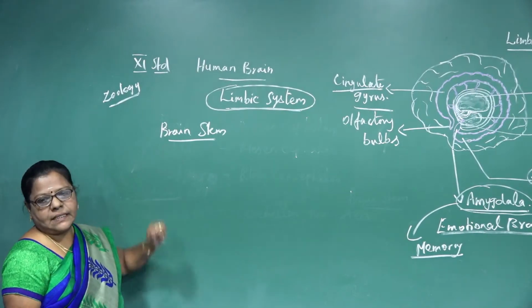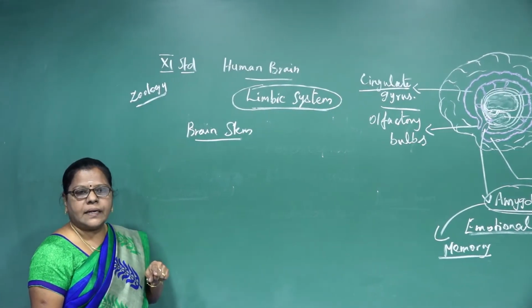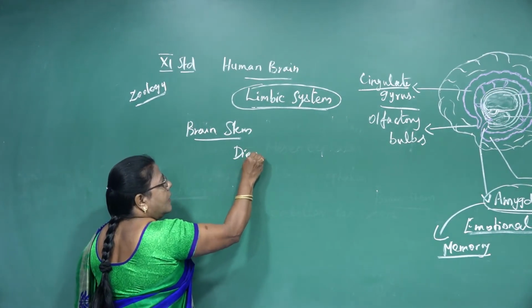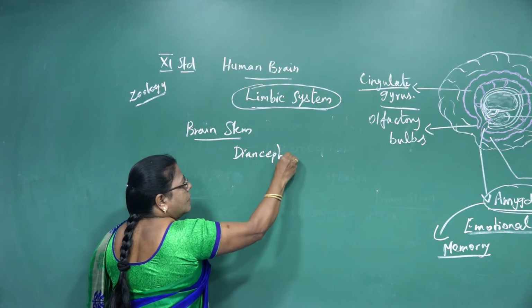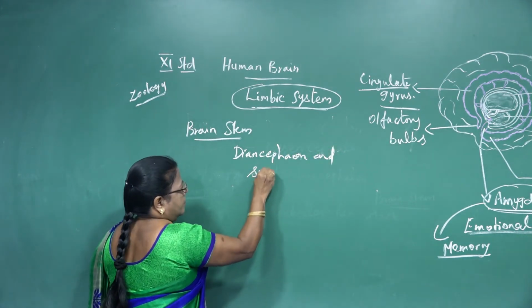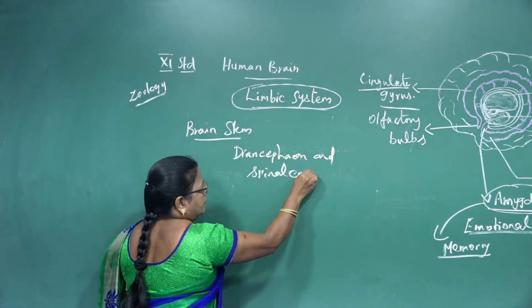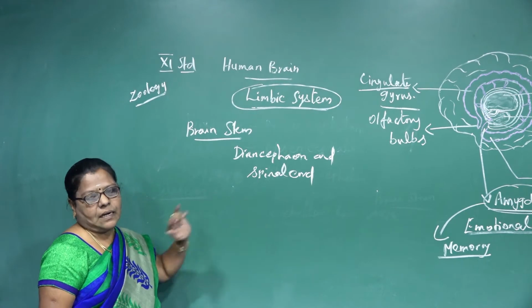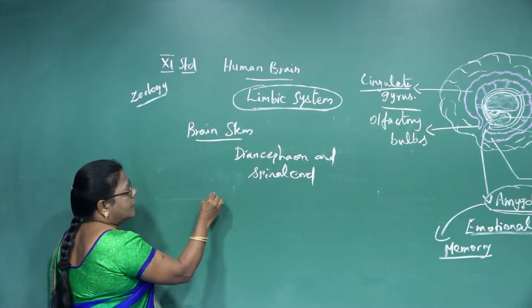Next, brainstem. The brainstem is located in between the diencephalon and spinal cord. It consists of three parts.